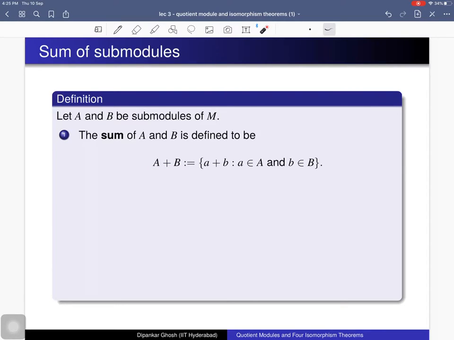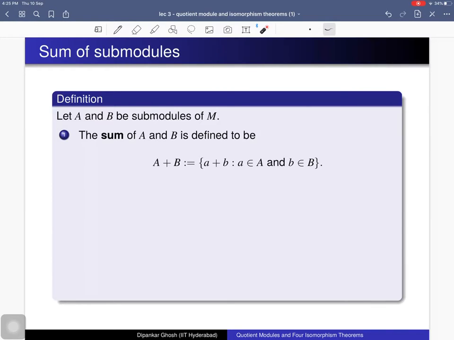By definition it is just a plus b, where the element a is coming from the submodule A and the element b is coming from the submodule B. Now one can verify that this is a non-empty subset of M. Why? Because the 0 element is there. So 0 plus 0. So 0 is there in A as well as in B, the 0 element of M, I mean. So A plus B contains the 0 element of M, so it is a non-empty subset.